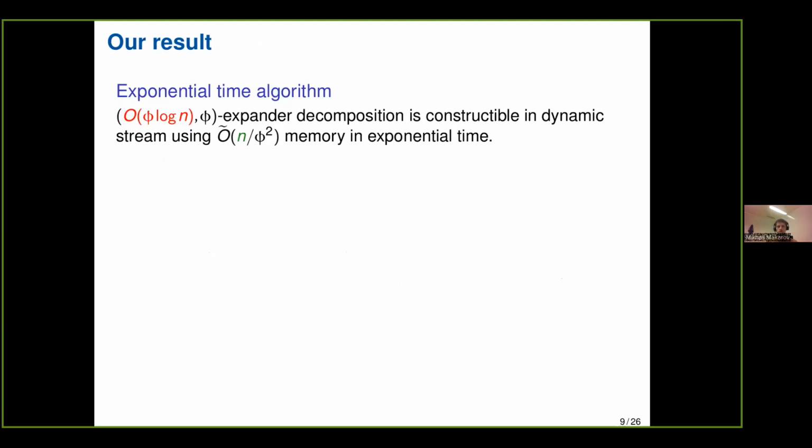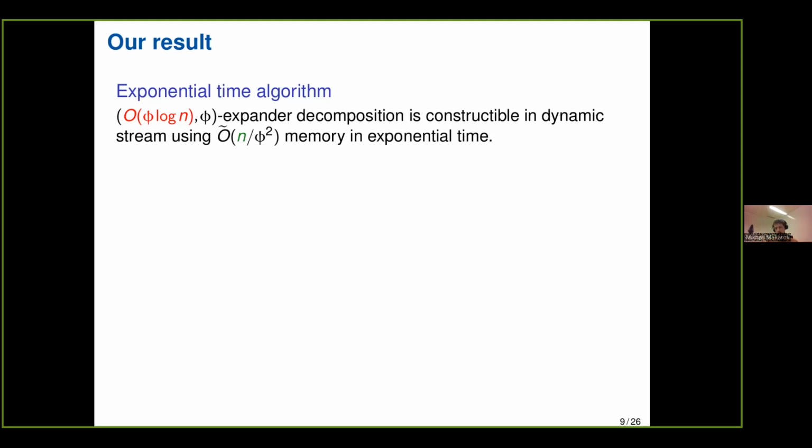In our work, we show that there exists an (epsilon, phi) log n phi expander decomposition algorithm in dynamic streams that uses only linear in n over phi squared memory, but uses exponential time. Right?